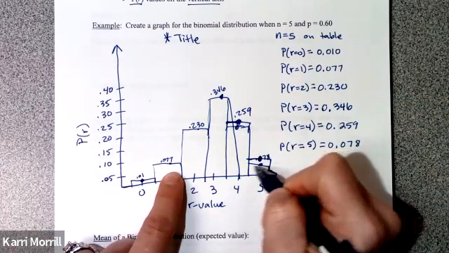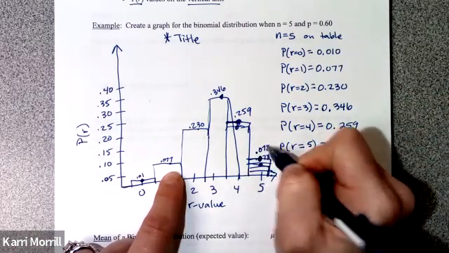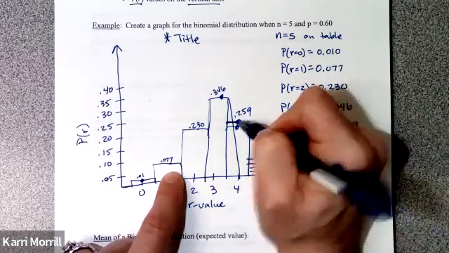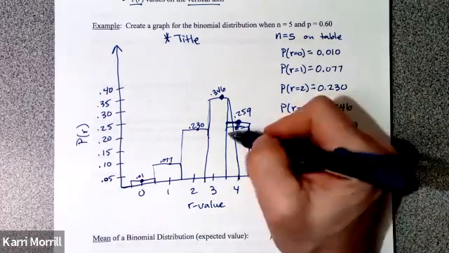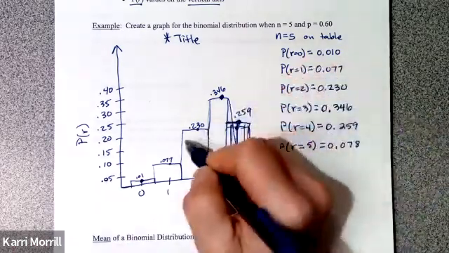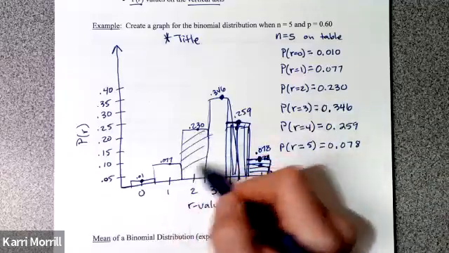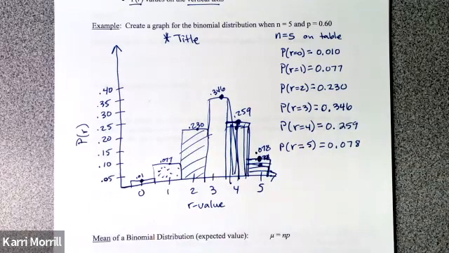So all things to maybe think about when you're making a graph, how you're separating those. A lot of times in WebAssign, you're going to see colors for your graph. I didn't bring my crayons today, so we're just going to do some patterns.